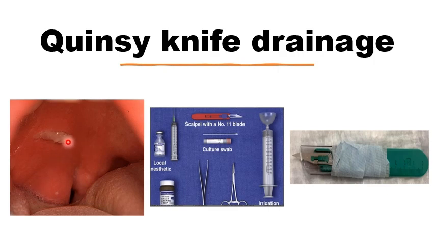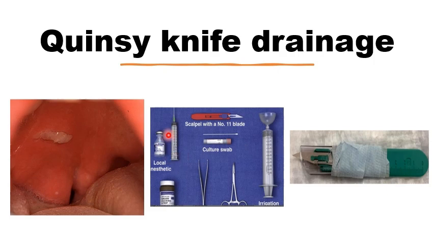The incision should be just 2 or 3 millimeters deep, and to do this you need a number 11 pointed blade, which should be guarded. The blade tip should be guarded with a plastic sheath to avoid unnecessary penetration deeper into the abscess.